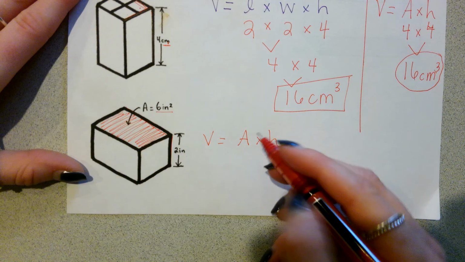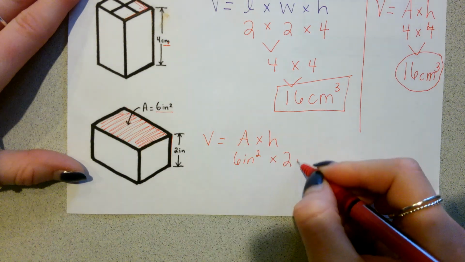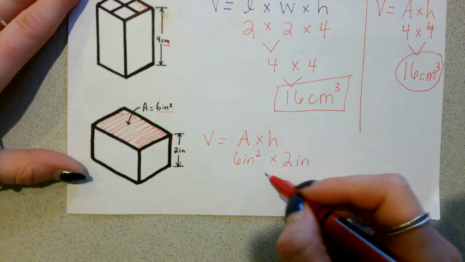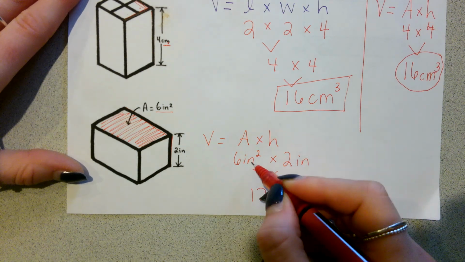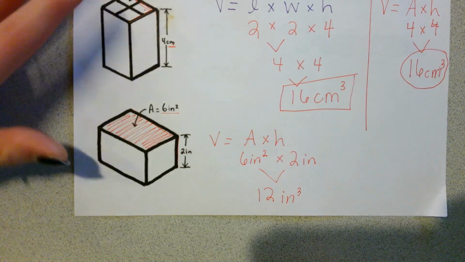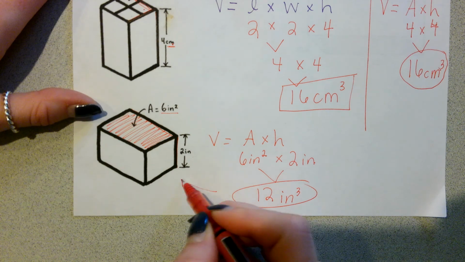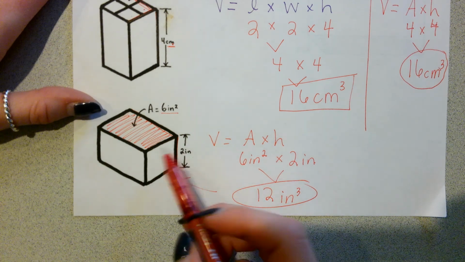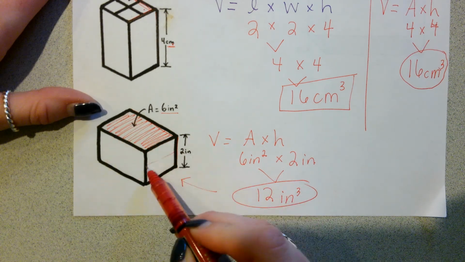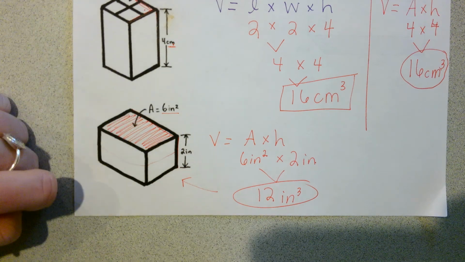So my area is 6 inches squared and my height is 2 inches. 6 times 2 is 12. And if I have inches squared times inches, I'll get inches cubed because I'll have 3 of them. So the volume of this rectangular prism will be 12 inches cubed. I'm going to take the area of one face and say how many layers I have of that area.